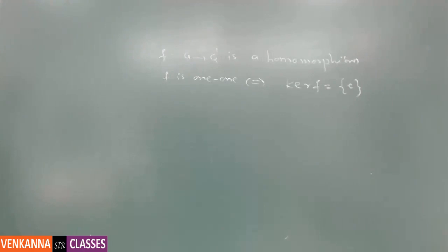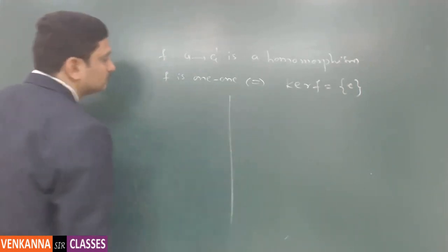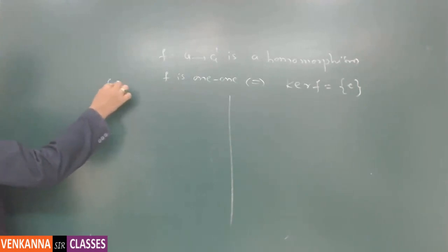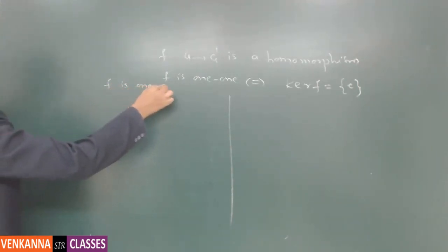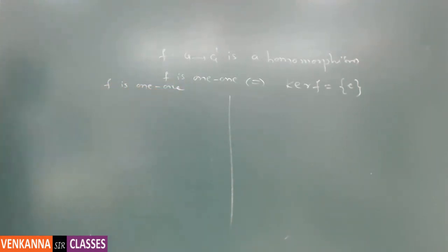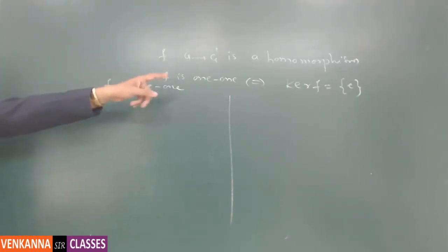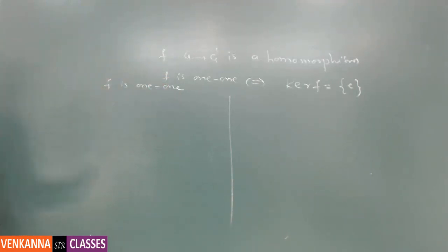Since it contains the main part as well as the converse part, let us prove them together. Suppose you assume that f is 1-1. You have to show that kernel f contains only one element.